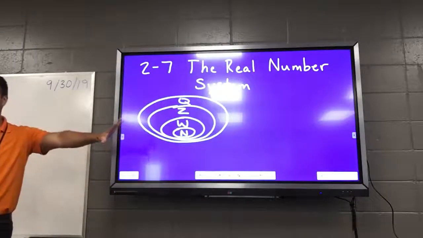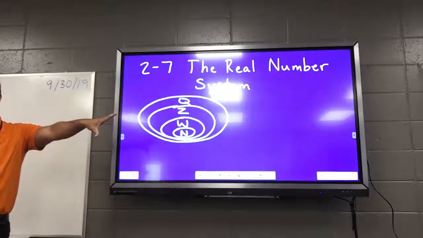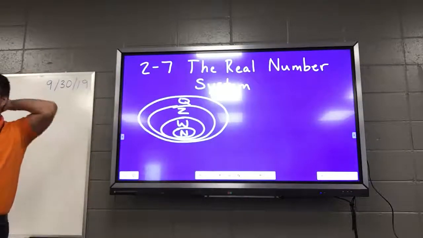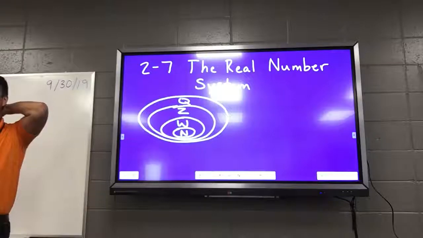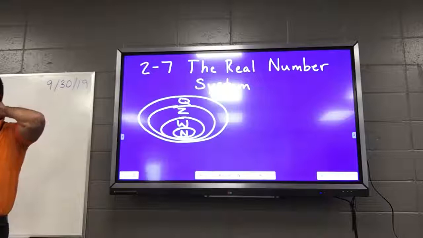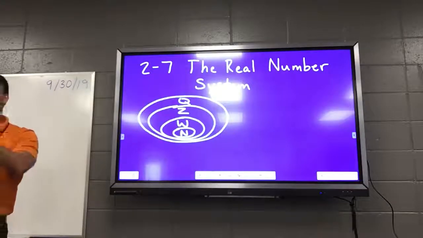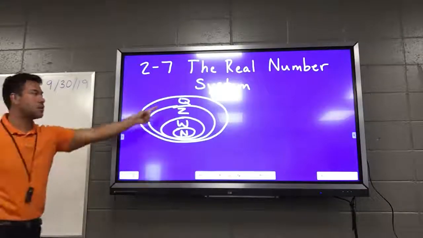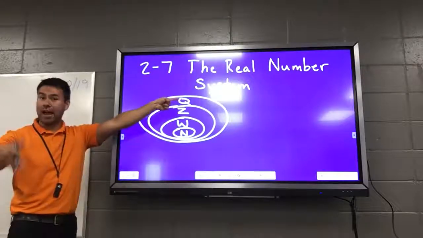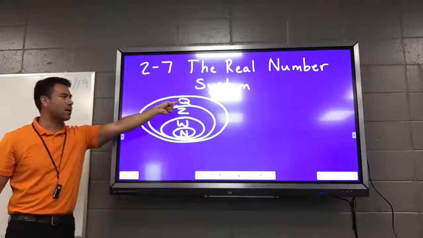We already use R for range, which we'll talk about later this year. But what's Q stand for? How does that match up with rational? Quotient. And quotients can also be written as fractions. So if you can write a rational number as a fraction, you're talking about a quotient.